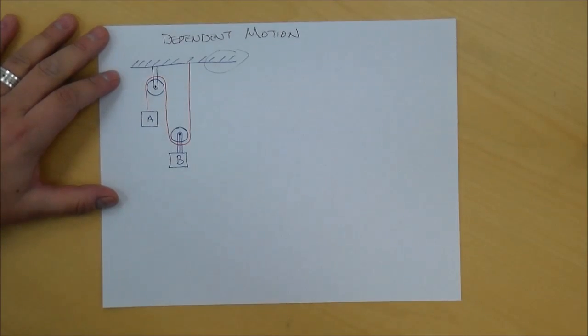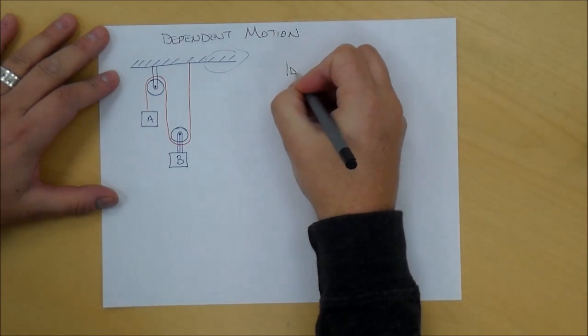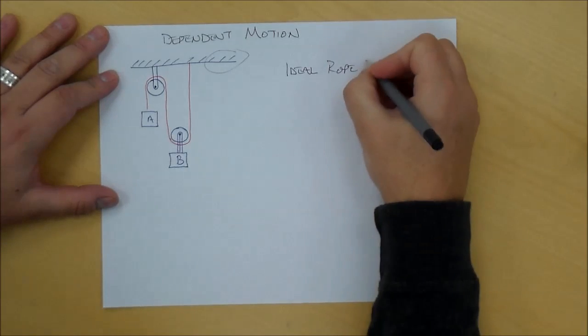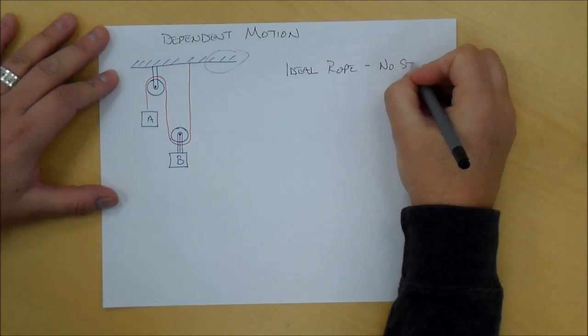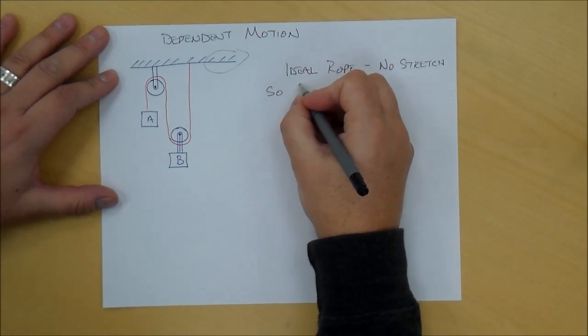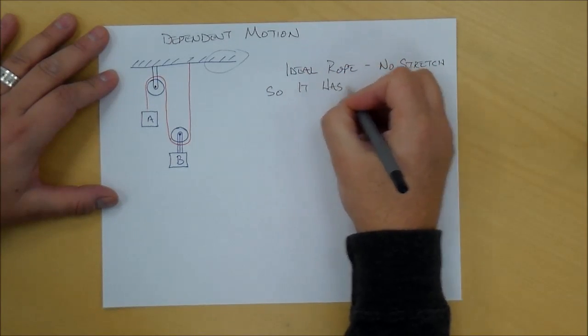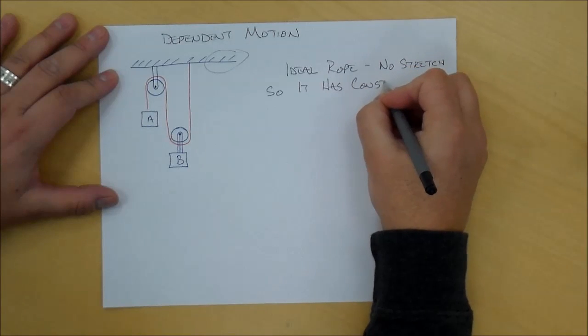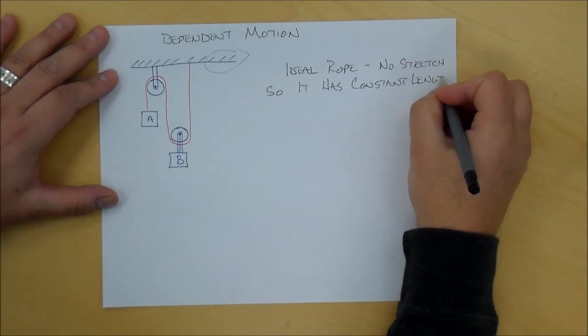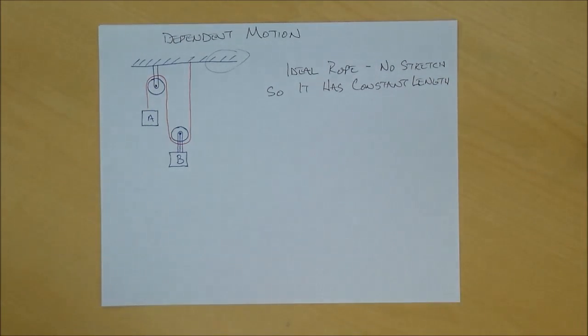Well, first we recognize that we have an ideal rope. Ideal means it doesn't stretch, so that implies that it has a constant length. Let me label, first of all, the positions of the particles involved.